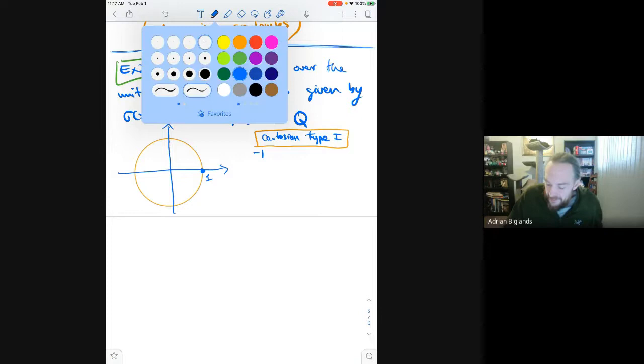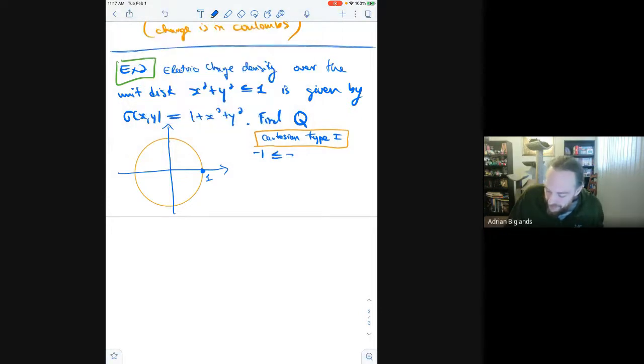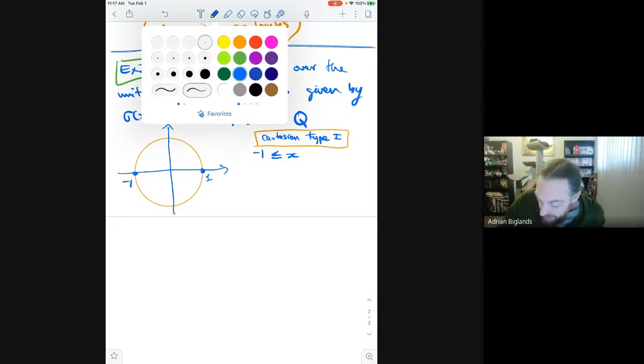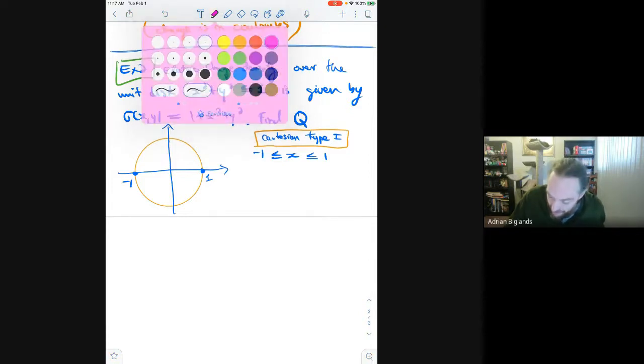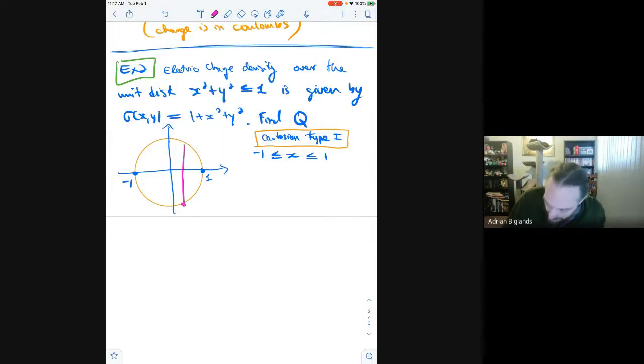I can write this as -1 is less than or equal to x, x goes from -1 to 1. And then when I'm trying to do the y values, where does y go from now? y goes from here to here. And this one is negative the square root of 1 minus x squared, the bottom half.